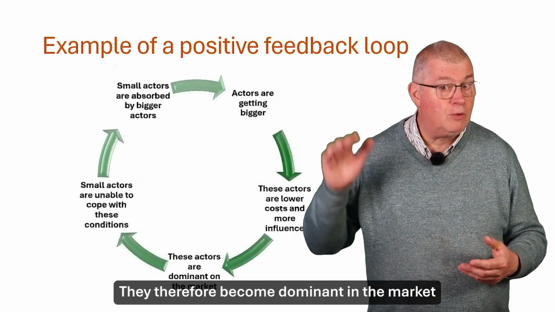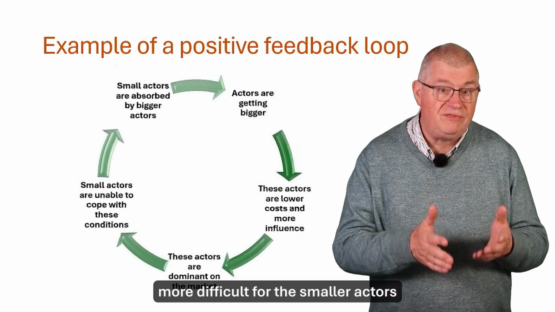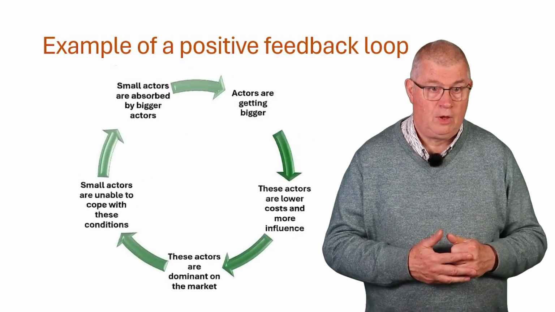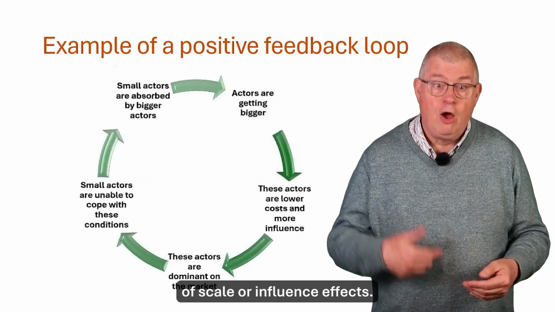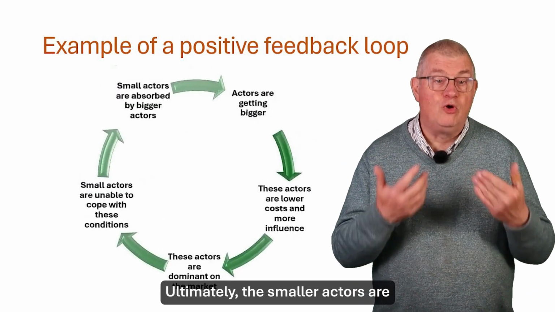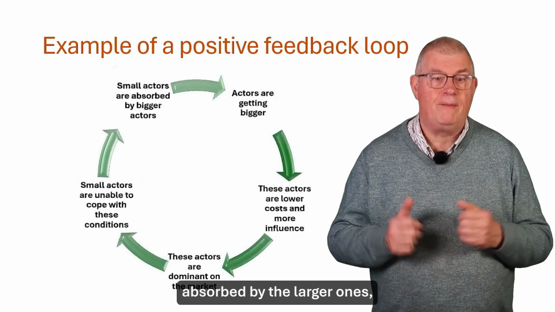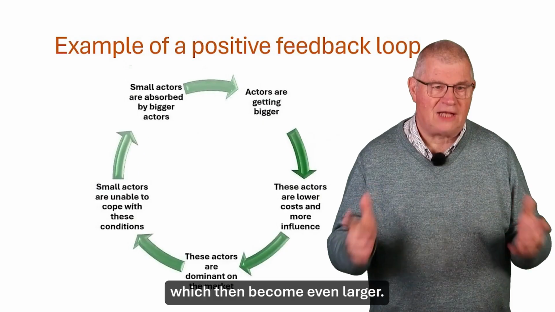They therefore become dominant in the market and make market access more difficult for the smaller actors, who do not benefit from the same economies of scale or influence effects. Ultimately, the smaller actors are absorbed by the larger ones, which then become even larger.